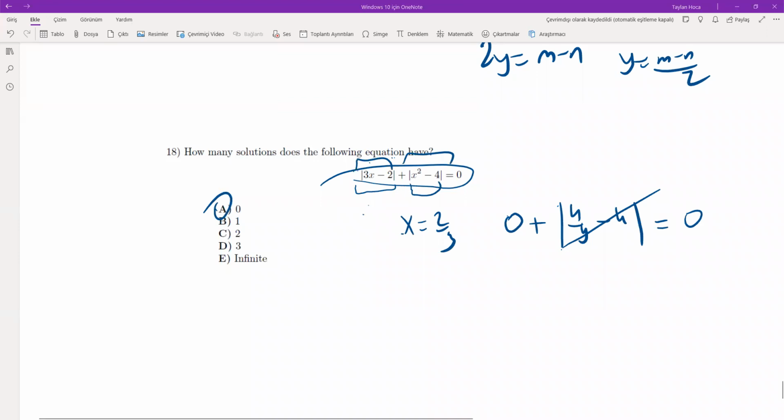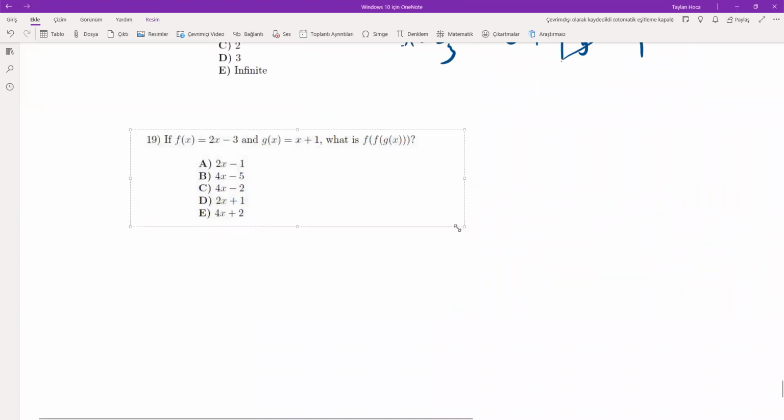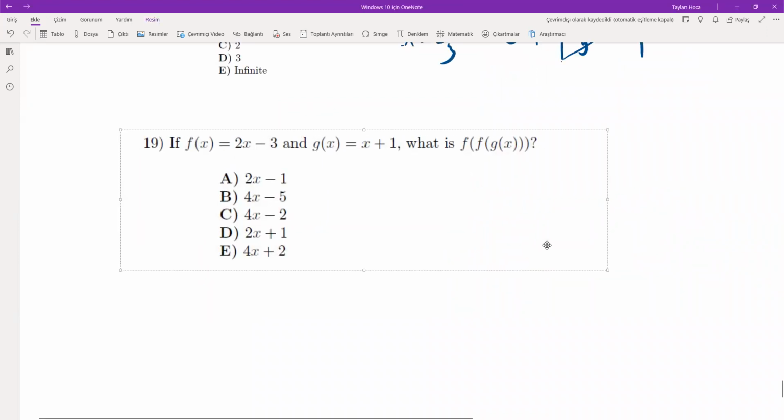Composite functions. What is f of g of x? So let's begin with f of g of x.